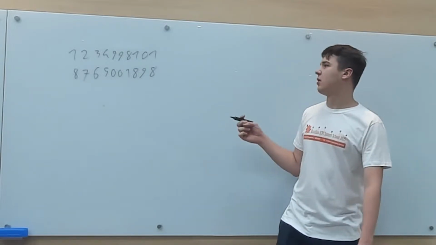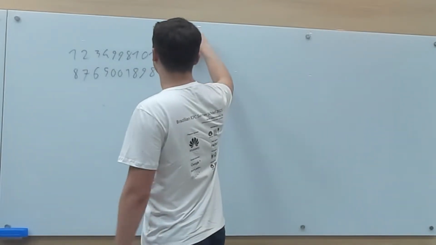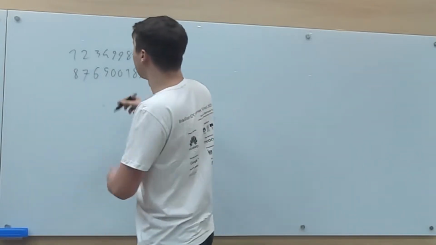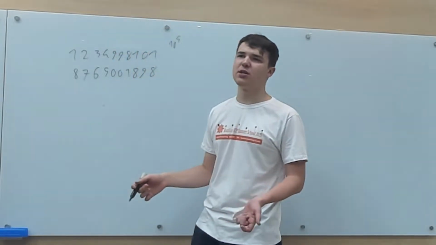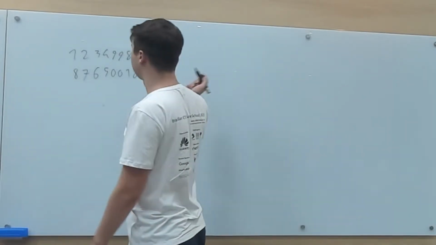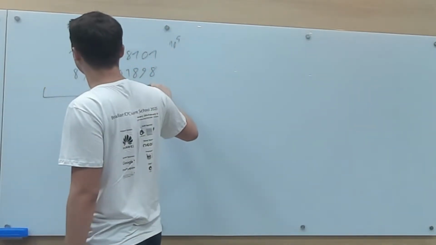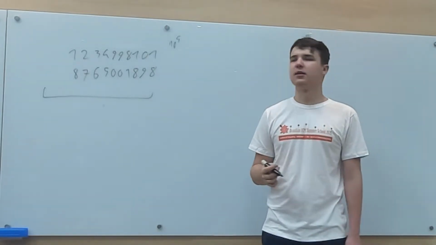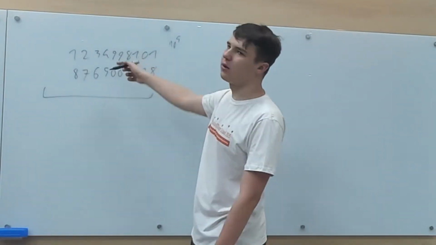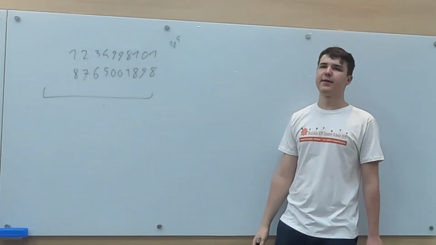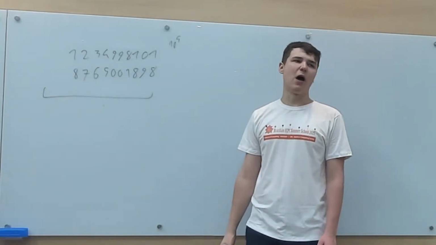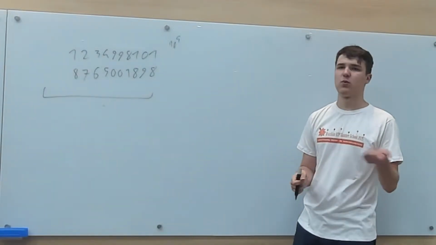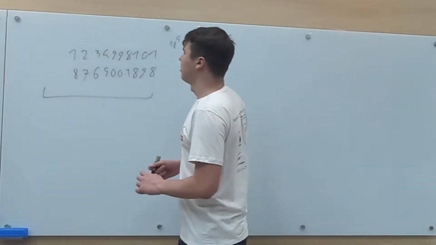By big, I mean length up to 10 to the power of 5, and what we care about is their sum, which is also a big integer with roughly the same length. We want to support the following queries: change a digit of the first number, and output a digit of the sum.